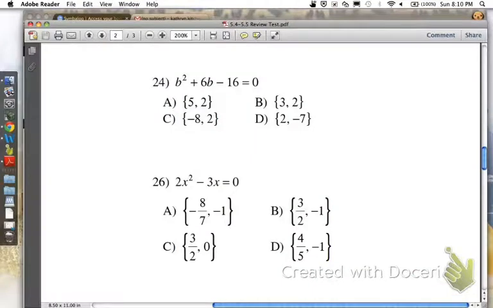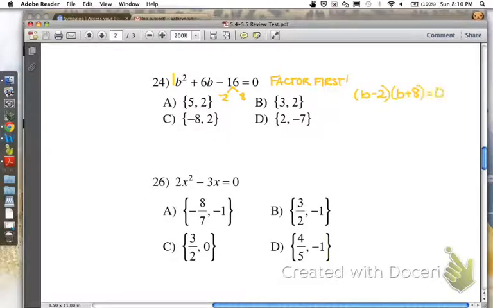24, once again, inspect it, and what you have is a trinomial on the left-hand side, and it needs to be factored. This is the rule of thumb as you solve quadratic equations: everything needs to be factored. Since the leading coefficient is 1, we can break the negative 16 into two parts that will add up to 6.